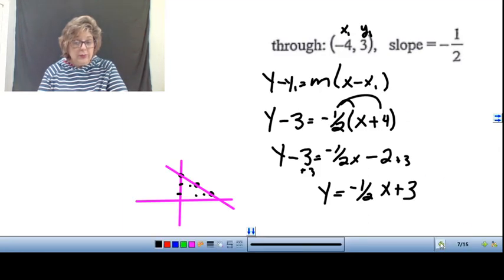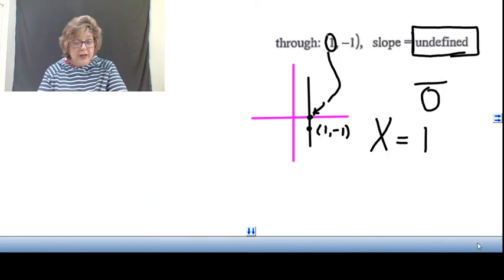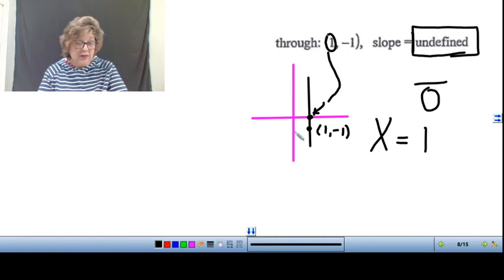What's really neat about the equation of a line is, if there's both an x and a y variable in the equation, it means it's crossing the x-axis and it's going to cross the y-axis. So in this case, it'll cross the x, it'll cross the y. Here, it crosses the x, it crosses the y. But here, it is a vertical line, so it cannot cross the y-axis.